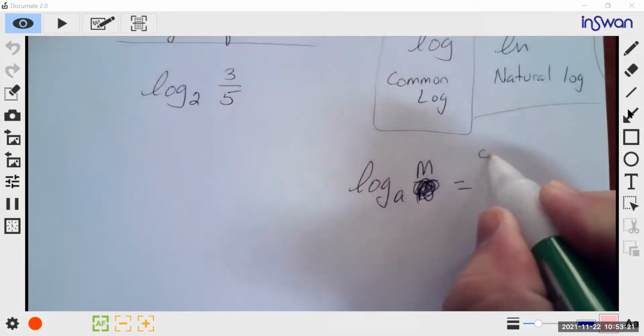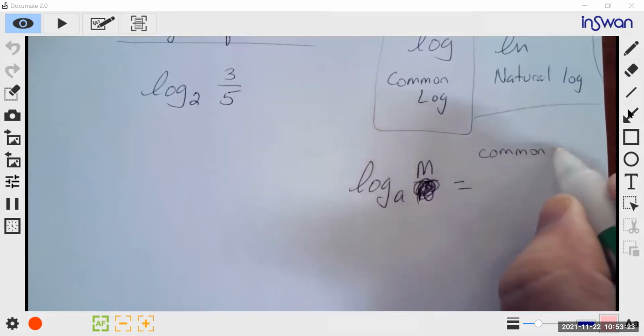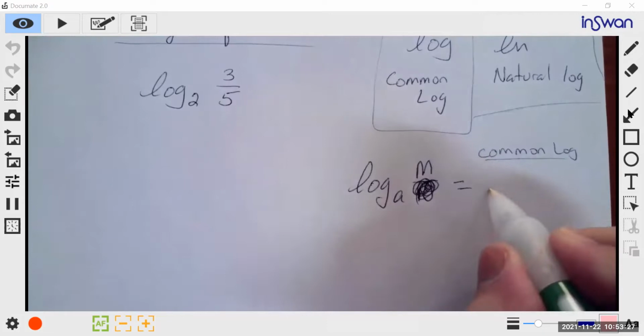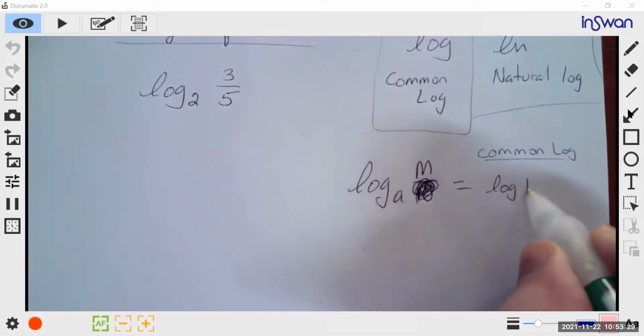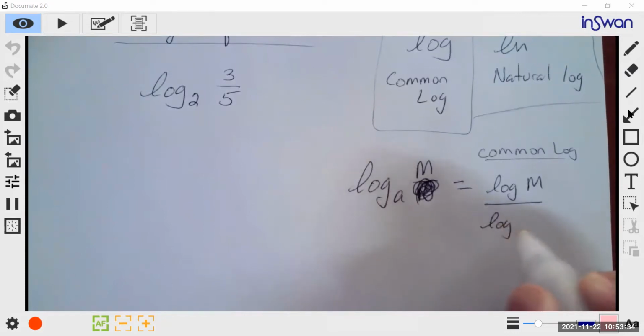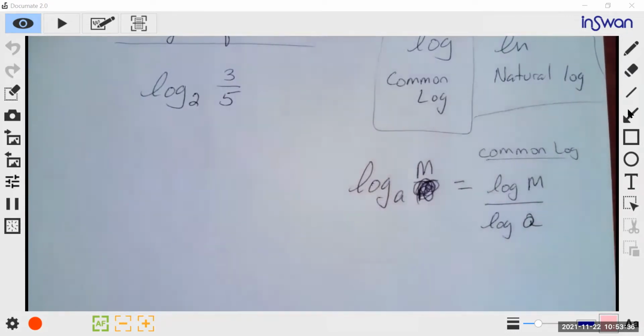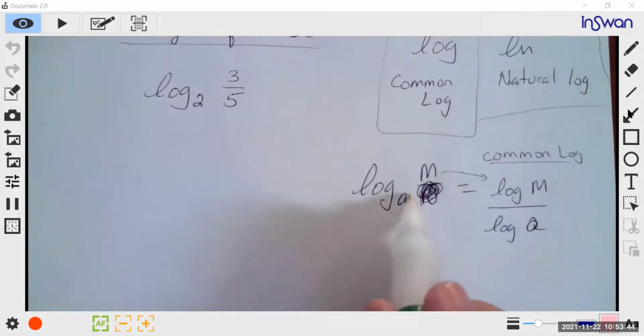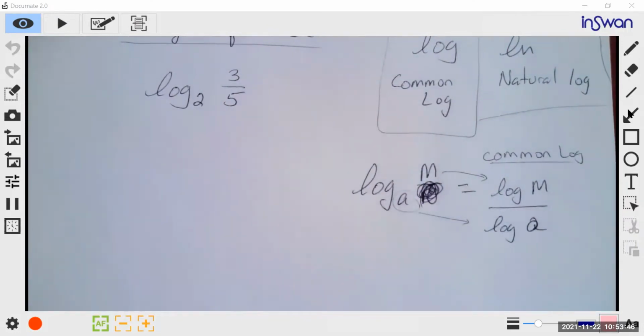We can convert it using common log by taking the log of the number divided by the log of the base. So whatever's here goes on top, whatever the base is goes on the bottom.